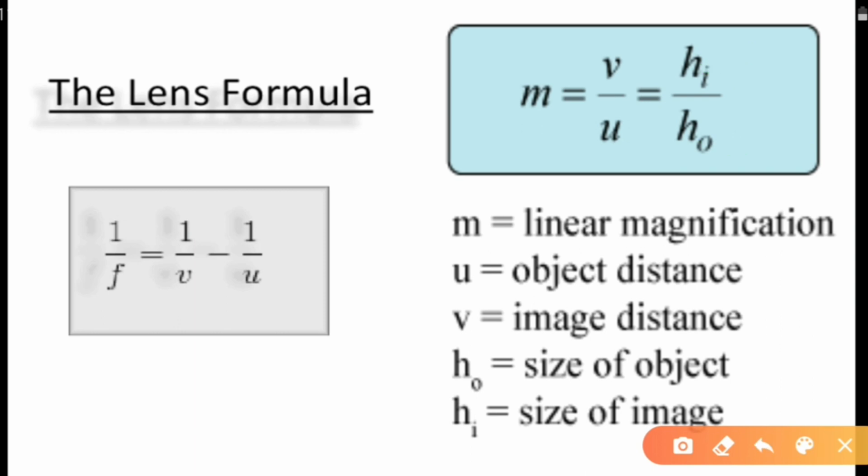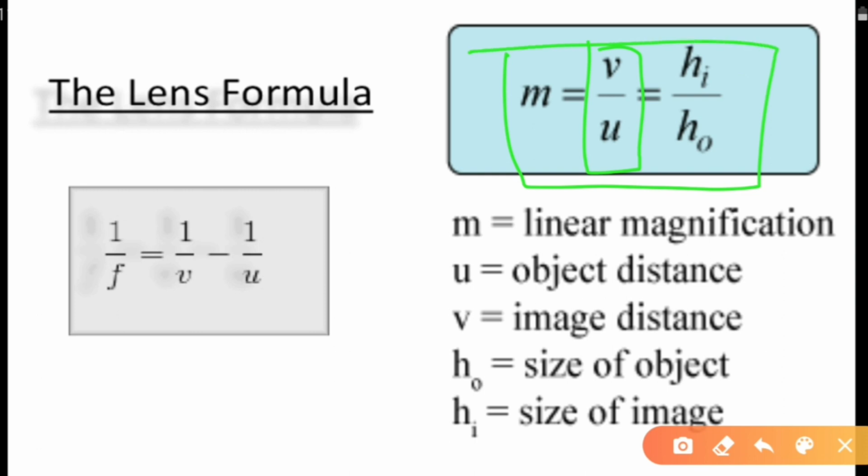So mathematically, magnification m is equal to hi, where hi is the size of the image and ho is the size of the object. So m is equal to hi upon ho, and this is also equal to v upon u.